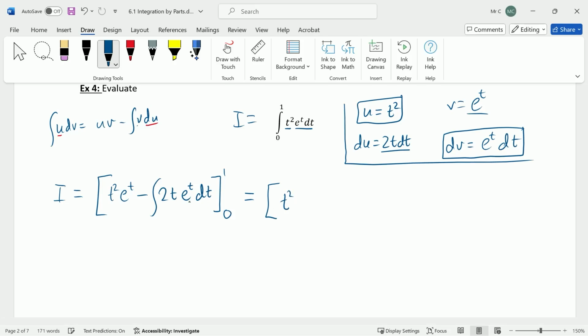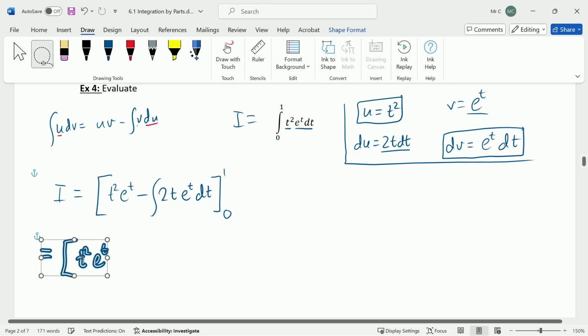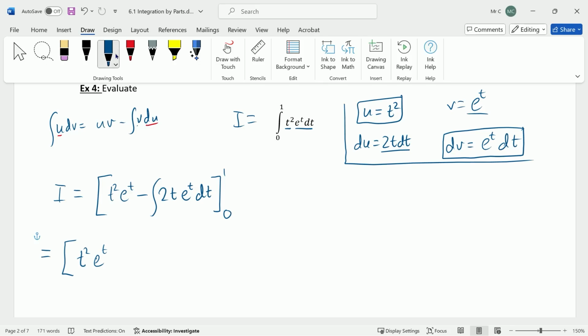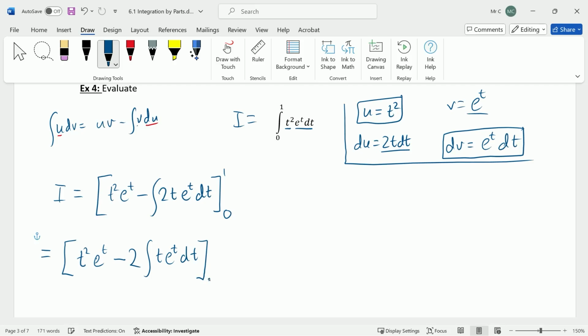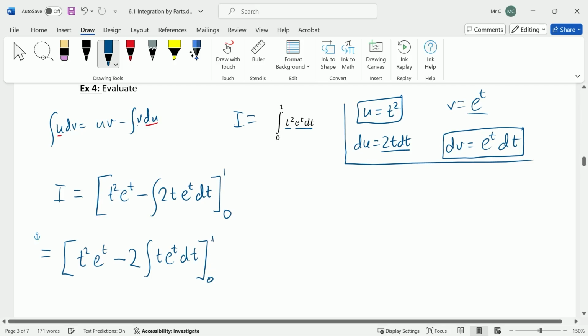Now I do need to integrate further here, but I'm going to simplify a little bit first. Actually, let me move this around. I want that space off to the side. t squared e to the t minus, and I'm going to pull that constant 2 out in front. So minus 2 times the integral of t e to the t dt. And again, we're still going to evaluate from 0 to 1.